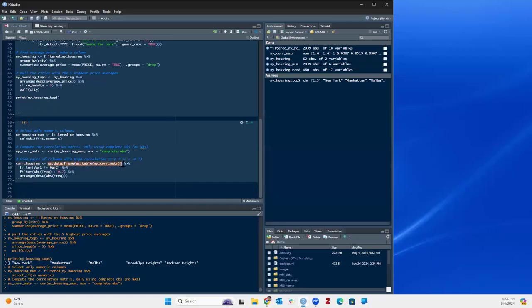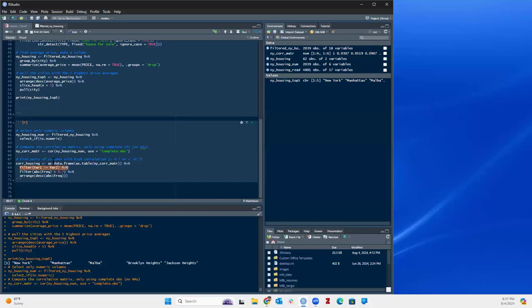This function is very powerful in what it's doing, but the main purpose of it is to put it in the right format for the computer. Sorry, to do an analysis on it, it needs to be a data frame. It cannot be just a matrix. So that's why that's there.